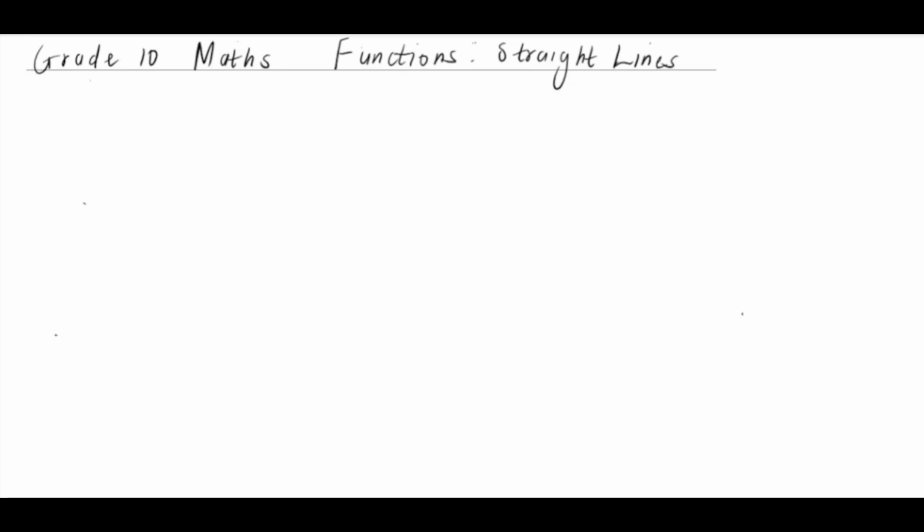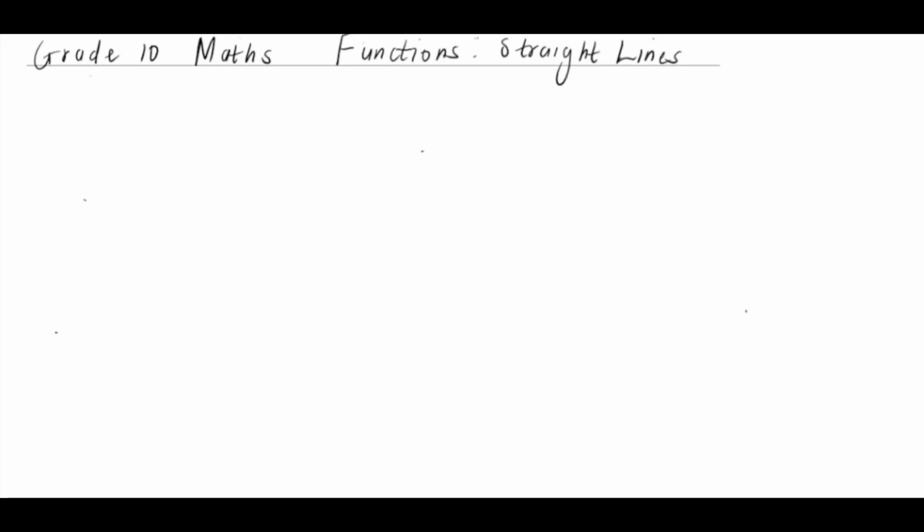Let's get started. The equation of a straight line graph is y is equal to mx plus c, where c is the y-intercept of the graph, or the point that intercepts with the y-axis. What you may also know about the y-intercept is that x is equal to 0.